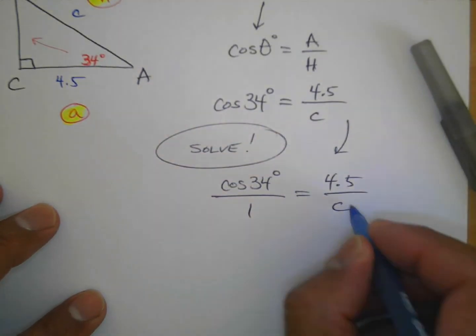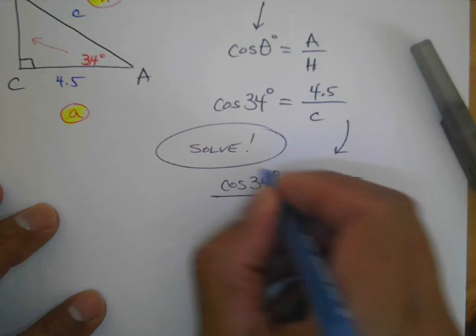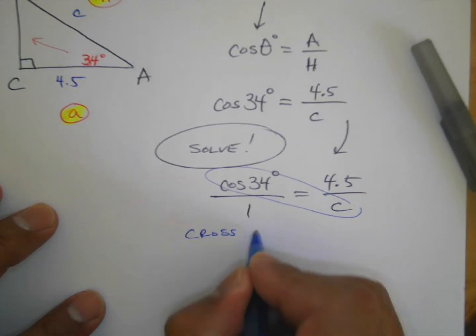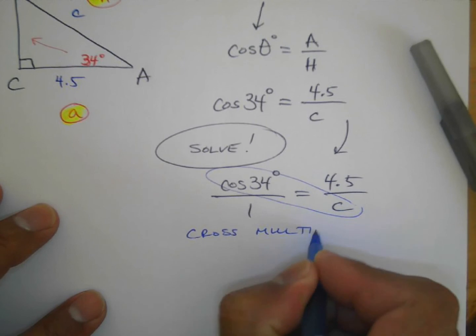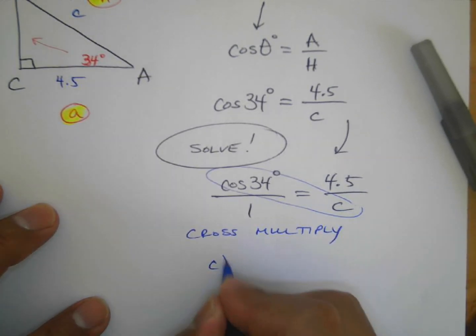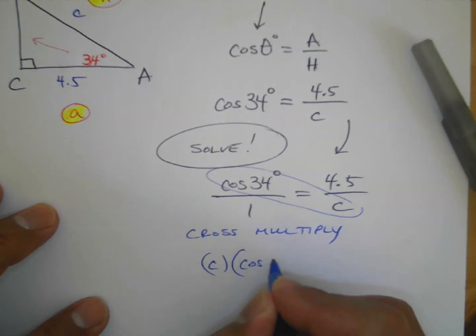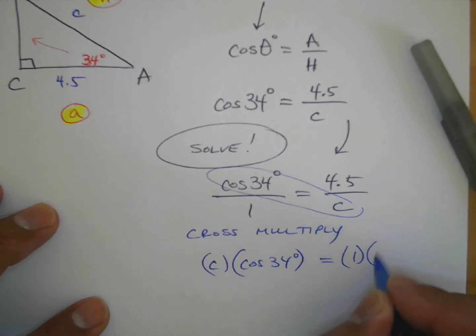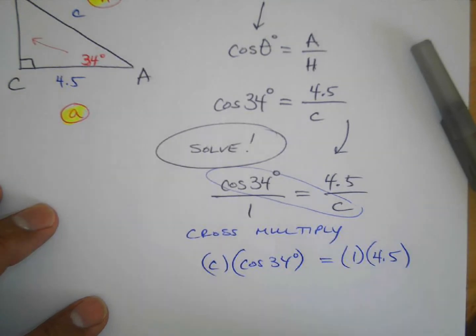Cross multiply. Let's start with the variable. That's going to be C times cosine of 34 is equal to 1 times 4.5.